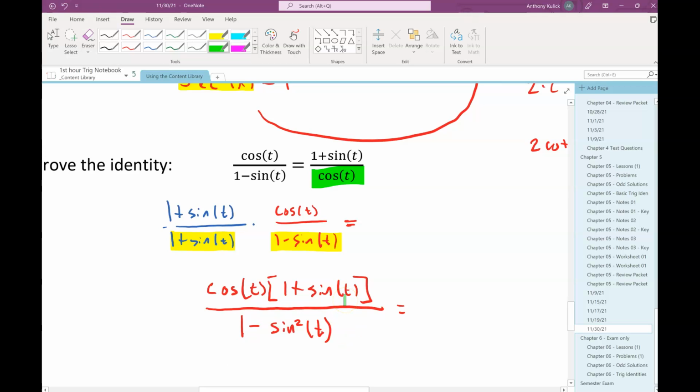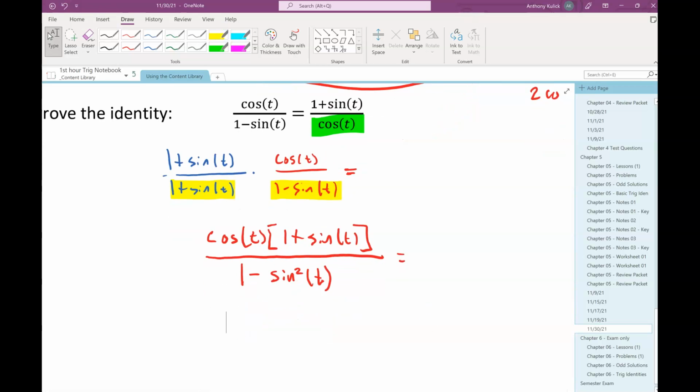Which one of the Pythagoreans looks like the one that I'm going to need to use here? P1, because it's involving sines and cosines. So I notice that sine squared plus cosine squared is 1.